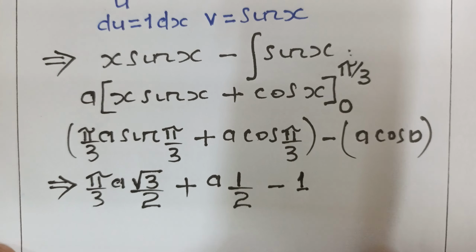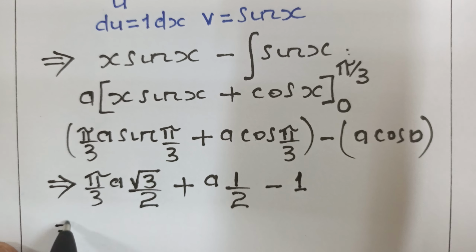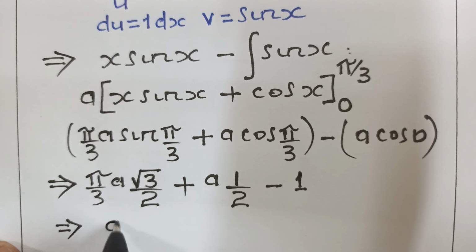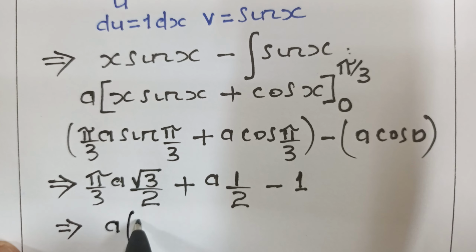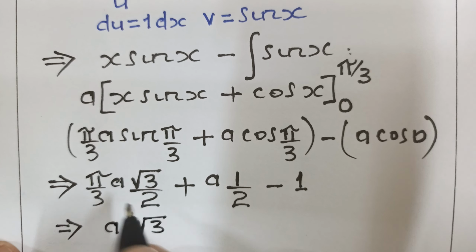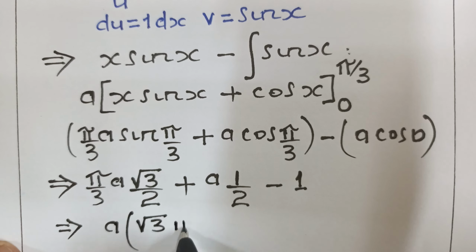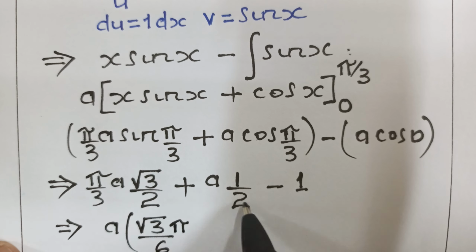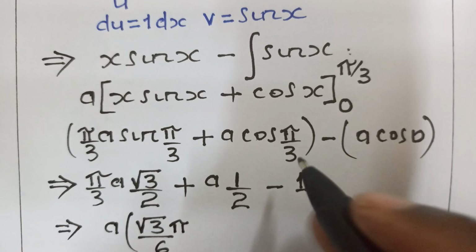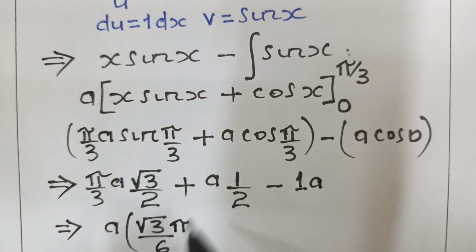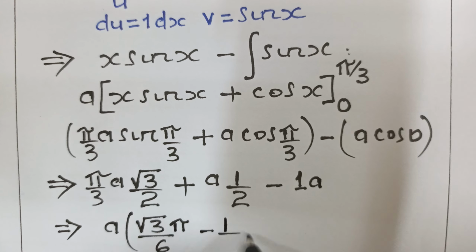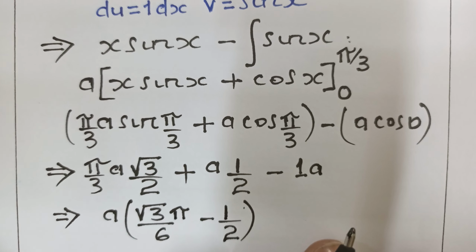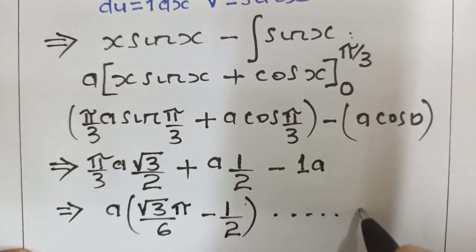And so therefore guys, for the first part, factoring out a, we shall have a times square root of 3 pi all over 6, and then we have a half minus 1. Here we have an a. This now comes to negative a half. Guys, we have already factored out the a, and so therefore, this is our first part. We can call it Roman 1.